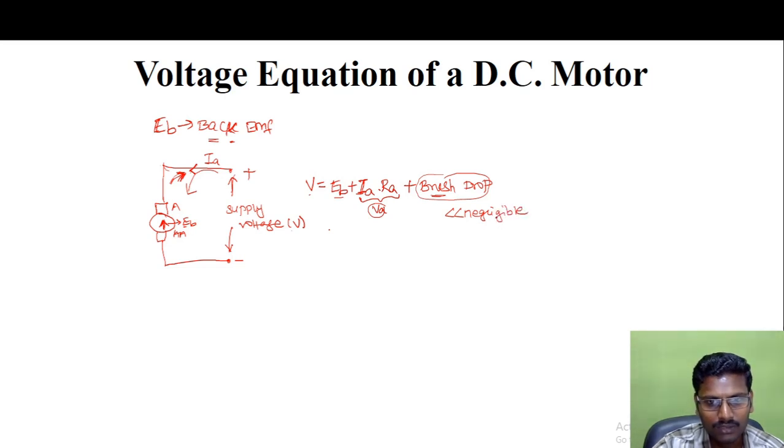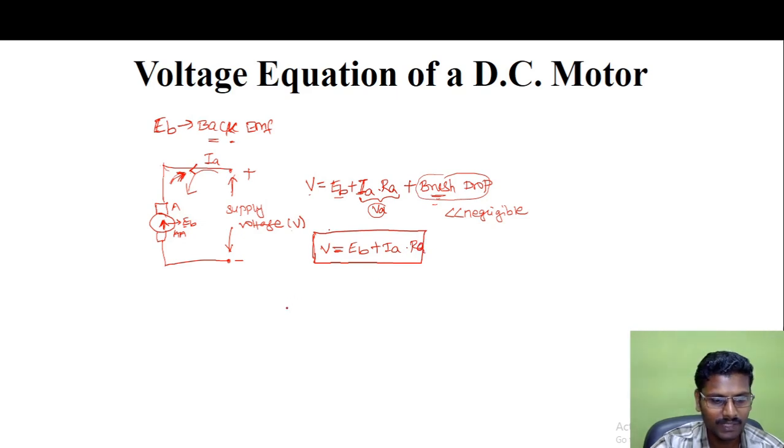So we can exclude this brush drop, and the expression for voltage is V is equal to EB plus IA RA alone. We have excluded the brush drop. So this is the voltage equation of a DC motor.